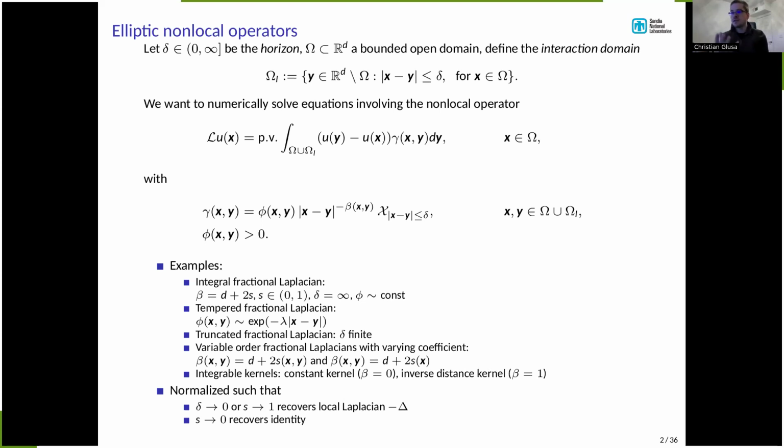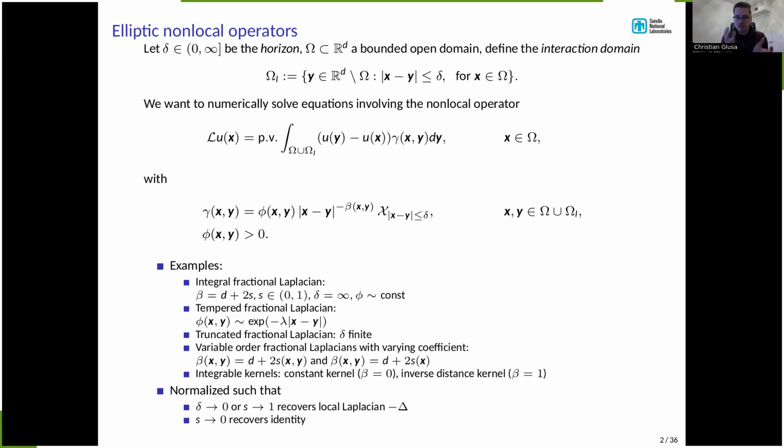It's a weighted difference between the value of our unknown function u at points x and y, weighted by the kernel function. We want to be as general as possible within this framework of Laplacian-like operators, and so we'll take the form that is down below.